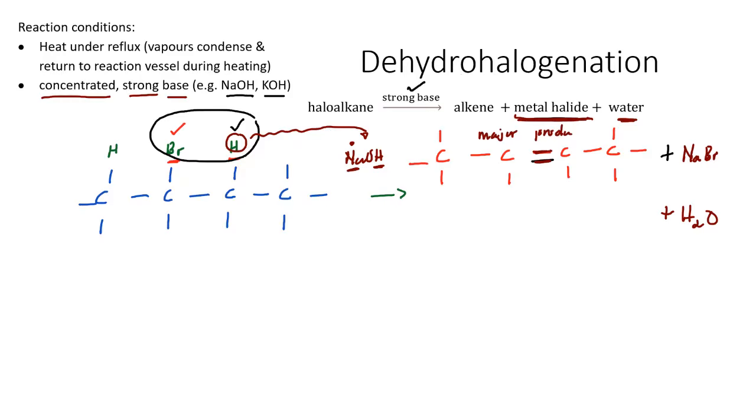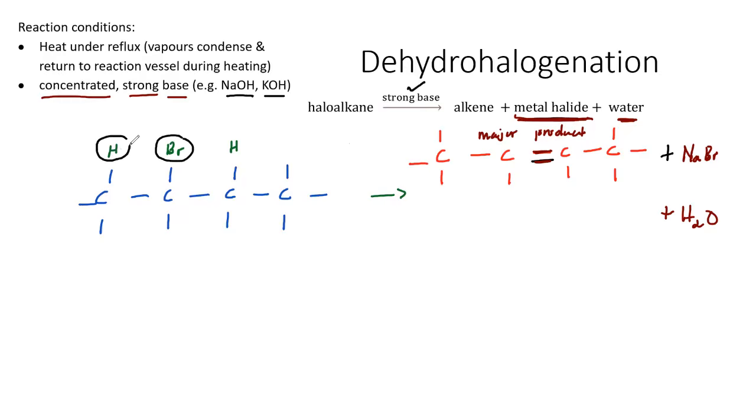So the question in your minds now is, what is the minor product? Very simple. The minor product is formed when you take out the Br and the H on the left-hand side. So I'm taking out the Br, there you go, and the H on the left-hand side.